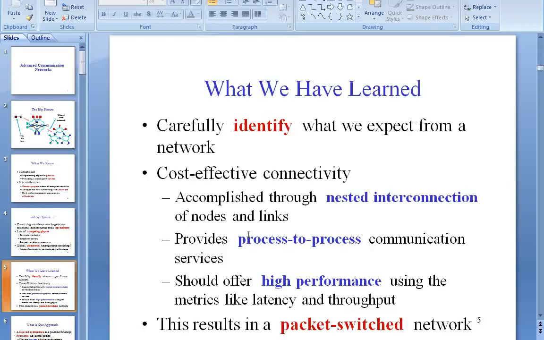A particular network should offer high performance using metrics like latency, throughput, or retransmission attempts.